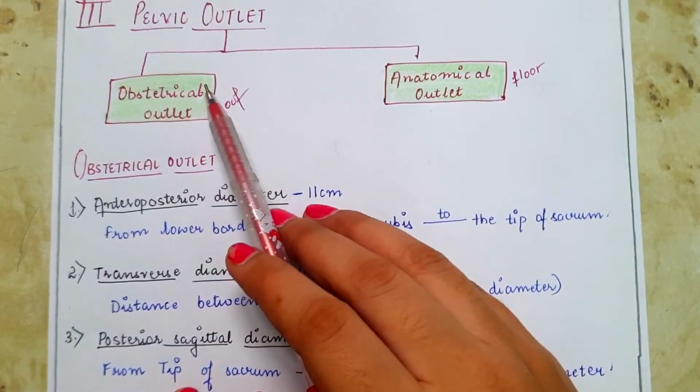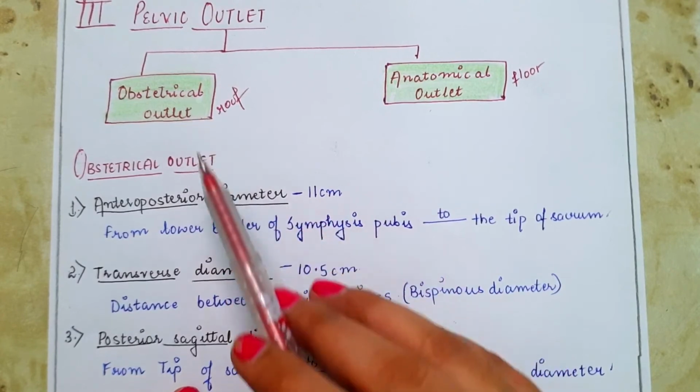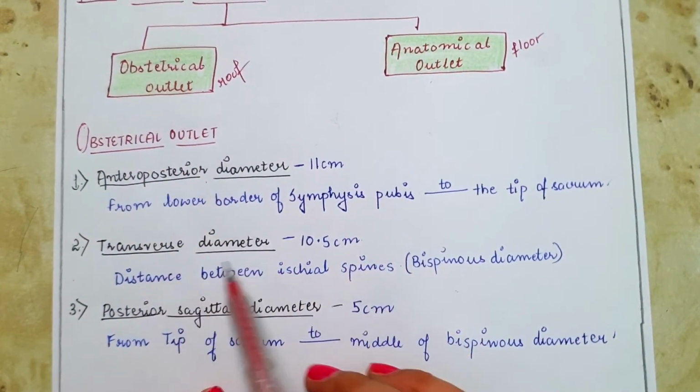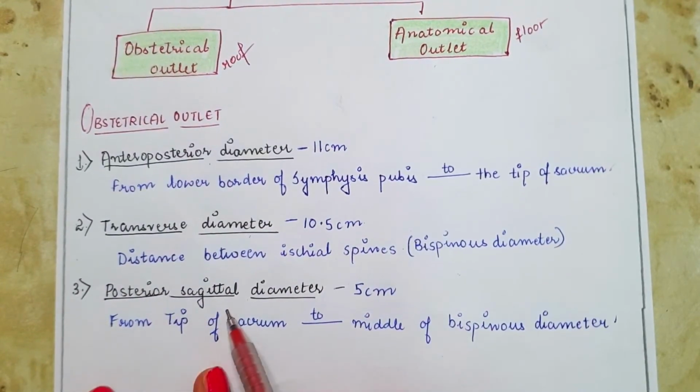Starting with the first one, the obstetrical outlet. It has three types of diameters: anterior posterior, transverse and posterior sagittal.